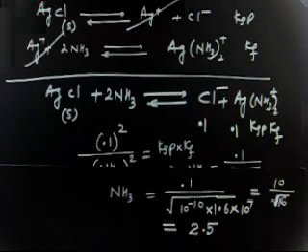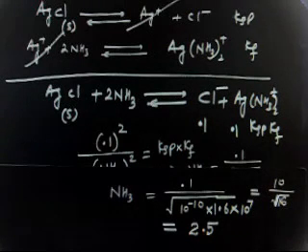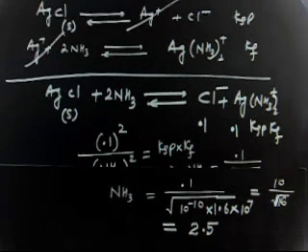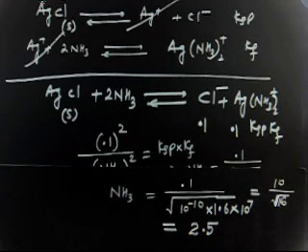Using the first equilibrium, sometimes you are able to find something, and that something found in the first step you can use in the second step. Sometimes both reactions are coupled. You cannot solve either one exactly alone; you have to use both equations. In this case, you can solve for Ag plus using the first equation itself. But in some other cases, you cannot solve for Ag plus from equation 1 only. You have to use both equations. This is one way to solve the problem.